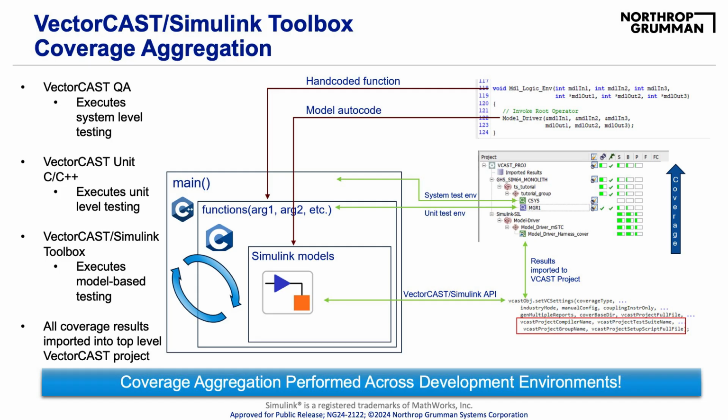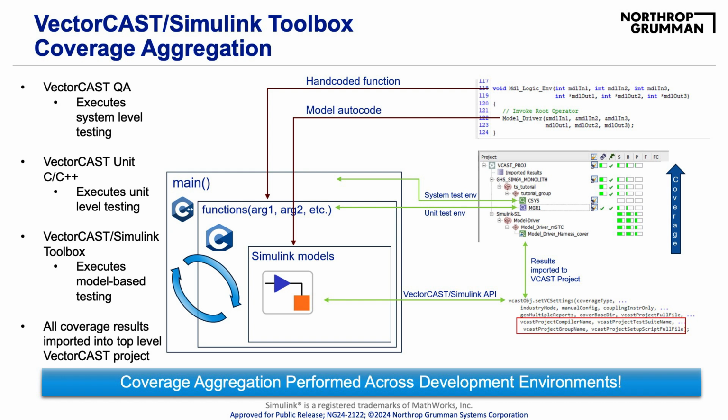If we take a look at the image on the screen here, we see the VectorCAST Simulink toolbox in action. This is where the auto-generated code belonging to a model has been instrumented, and that coverage has been imported into our VectorCAST project. We then take a look at a unit test environment. This is an environment that was written using the VectorCAST unit C++.